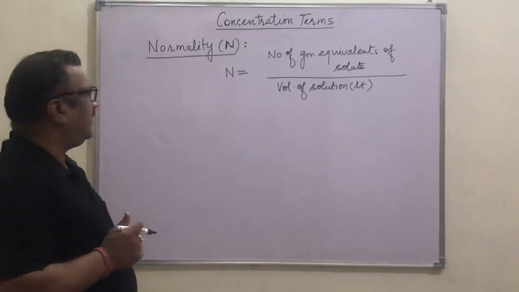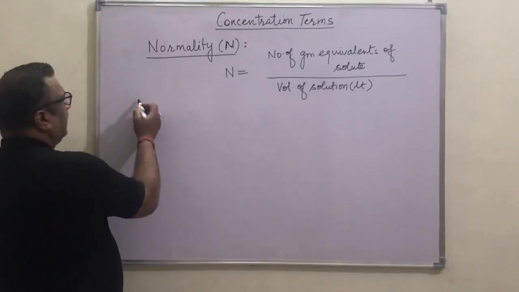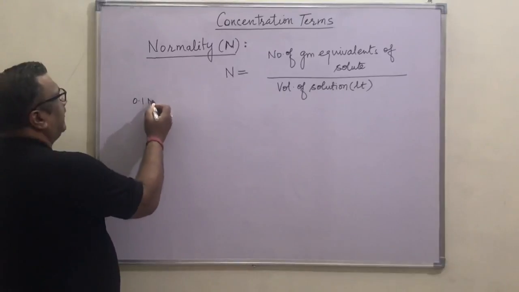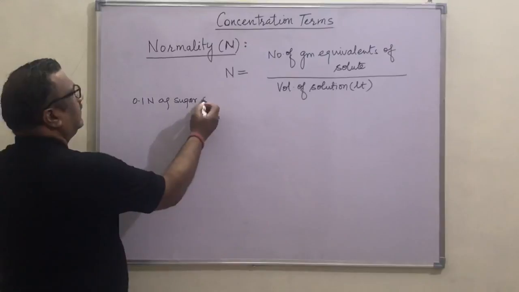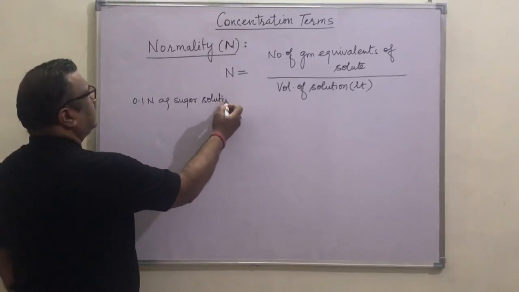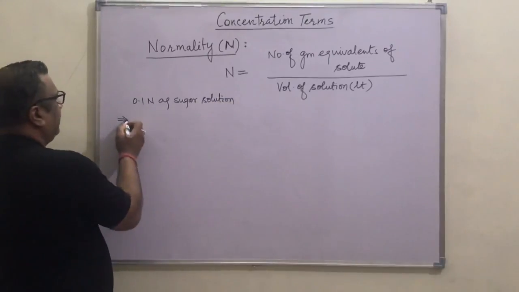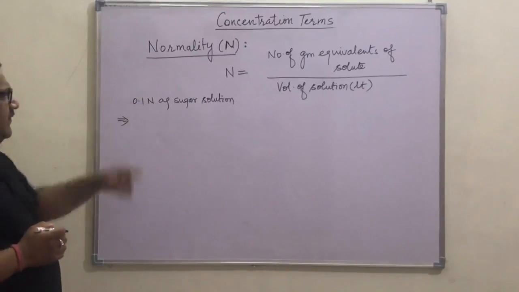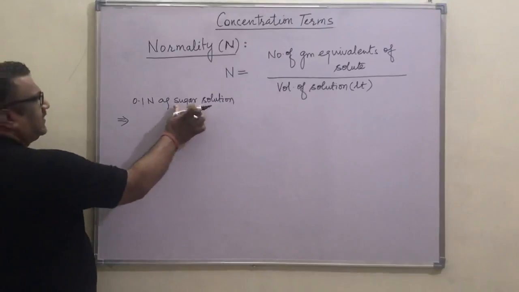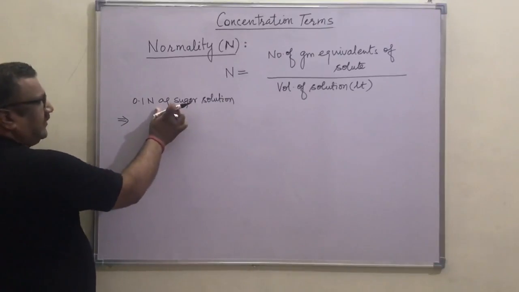That is normality. For example, if we are provided a 0.1 normal aqueous sugar solution, then this concentration value will give us the information that it is a solution of sugar in water.